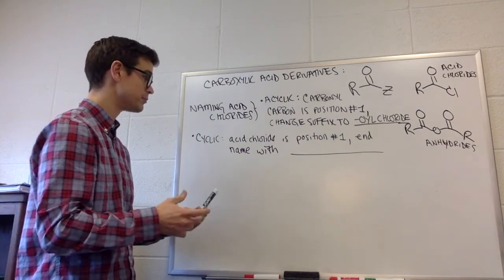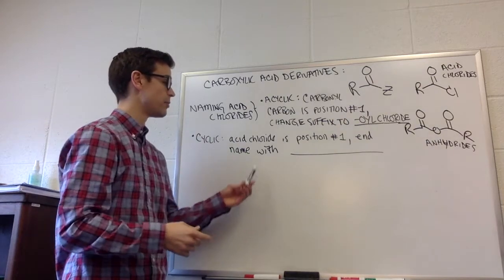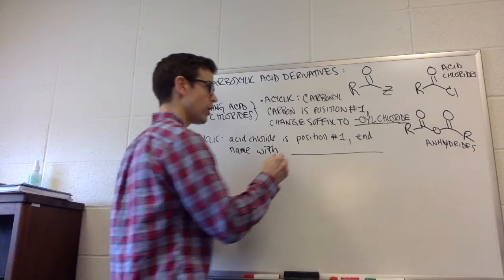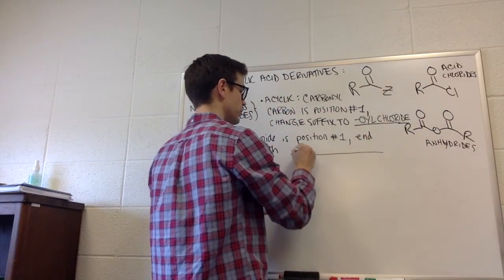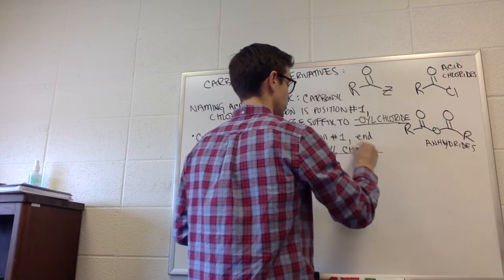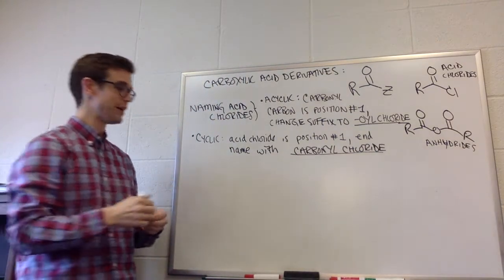Cyclic is, again, very similar to carboxylic acids. Acid chloride position is number 1, and then we end the name with carbonyl chloride, because there's a carbonyl and a chloride. So that's how we name them.